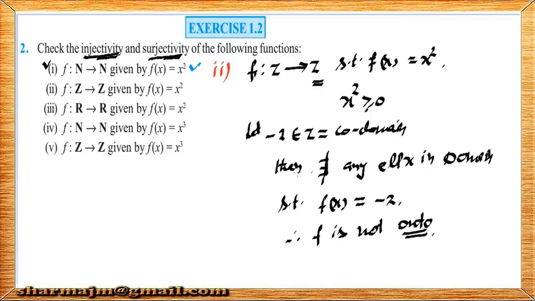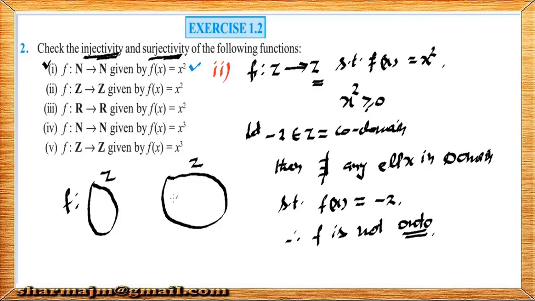We see its diagrammatic view. Here we have Z, here also the codomain is Z, f is a function from Z to Z. So this function is defined as f of x is equal to x square. So here in the codomain, this function is sending to the elements which are non-negative. But here in the codomain, minus 1, minus 2, minus 3 and so on, negative integers exist.